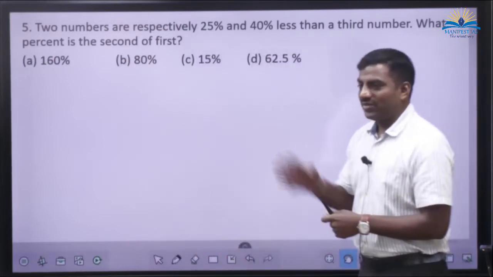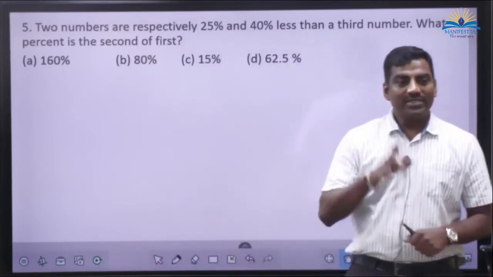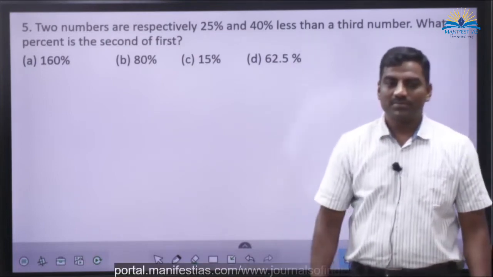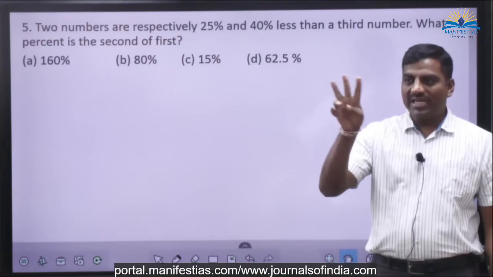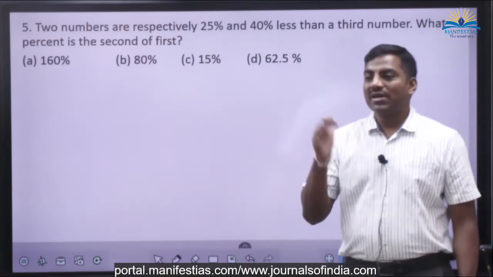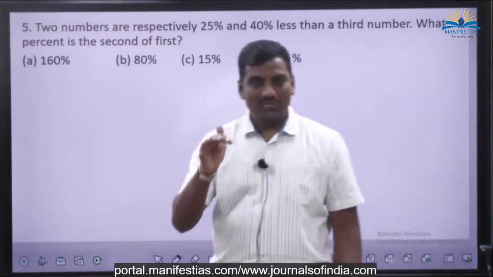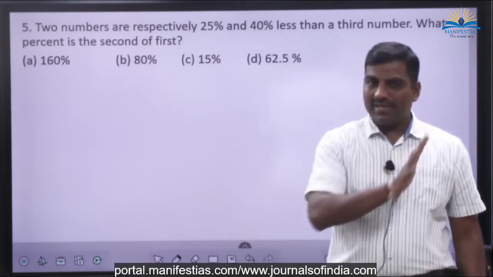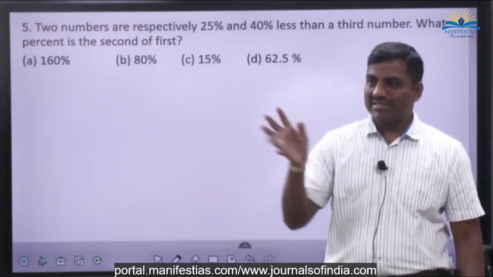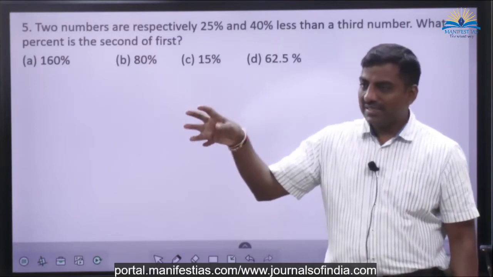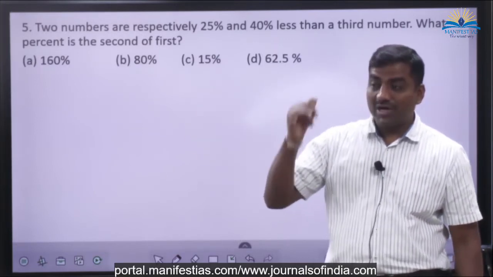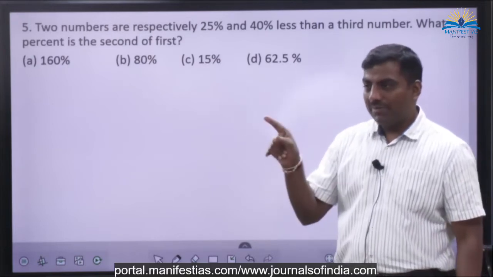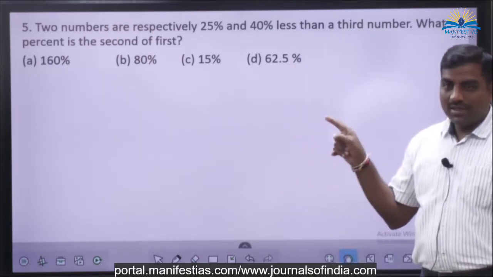Now tell me, out of these three numbers, which number has to be taken as a reference number? In every question we assume x, no? Upon that x, we write the other entities in terms of x. In the previous problem, it's 75%, it's 25%.